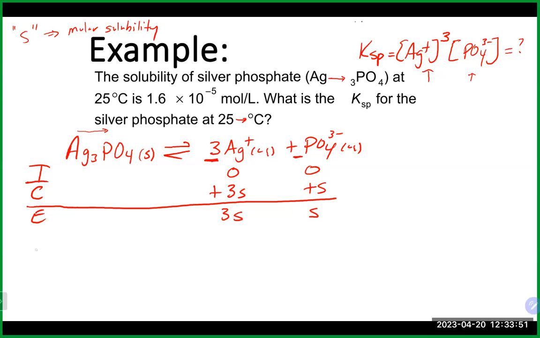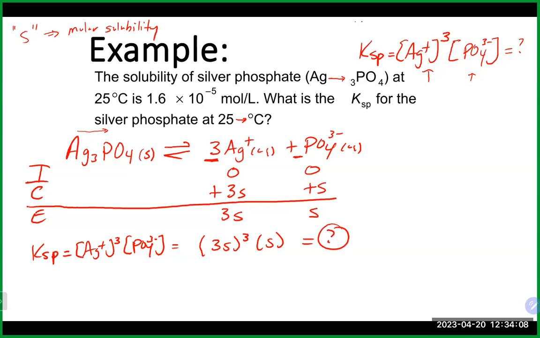So that would tell us that the Ksp is equal to our silver cubed times our phosphate, and putting that value in would get us (3S) cubed times S equals, again, the Ksp. Now, in this situation, if you actually were given the Ksp value, you would use the Ksp value and solve for S, right? And that's what you would normally do.